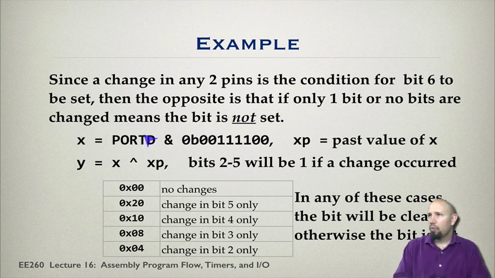Okay, so if I define X to be the entire port D, which is that first set of digital pins 0 through 7, if I AND that with this number so that I just mask off bits 2 through 5, I'm going to call that X, and I'm going to define a global variable XP as the past value of X. Okay, and if I take these 2 values and I exclusive OR them, that basically checks to see if there are differences between any pins.